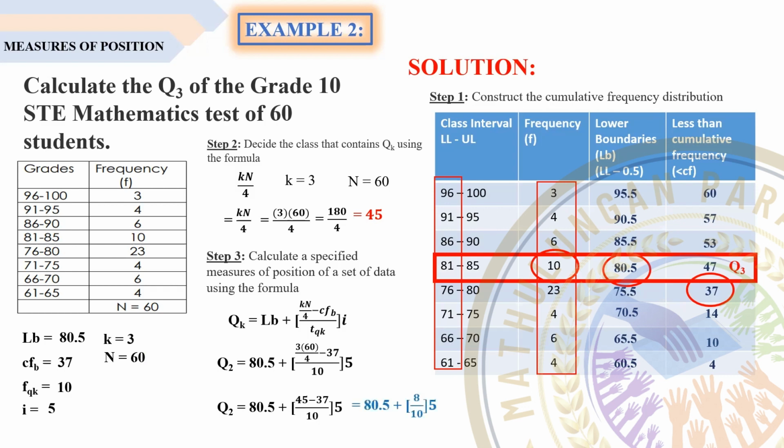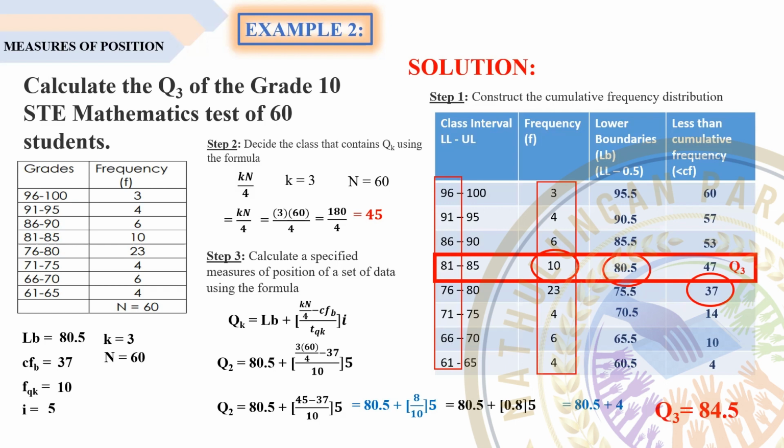So, 45 minus 37 is 8 divided by 10 times 5. So, simplify muna natin nasa loob. So, 8 divided by 10 is 0.8. Now, i-multiply naman natin ang 0.8 sa 5. Kaya 0.8 times 5 is 4. And i-add natin sa ating lower boundary na 80.5. Therefore, ang value ng ating quartile 3 is equal to 84.5.